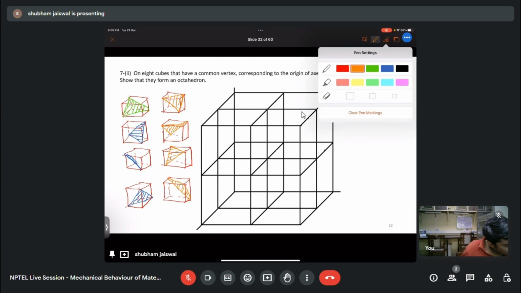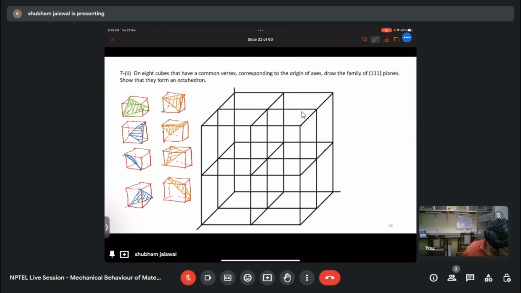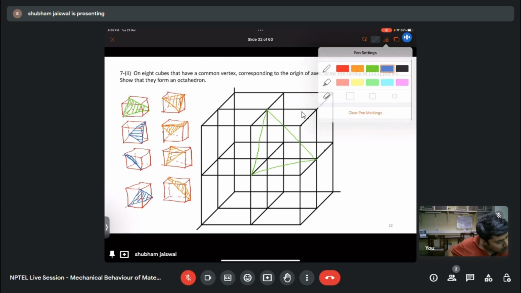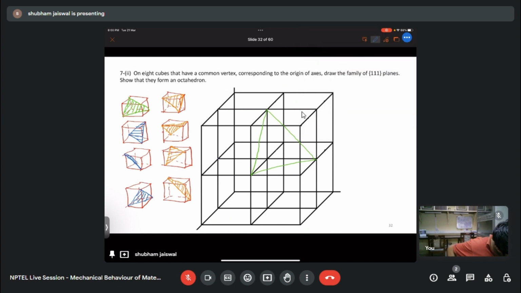Let's say this is my 111 plane. Okay, now second, I will draw something like this. And I'll draw some dotted line here so that you know these two are overlapping each other.